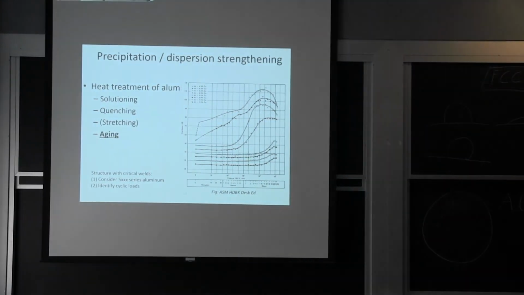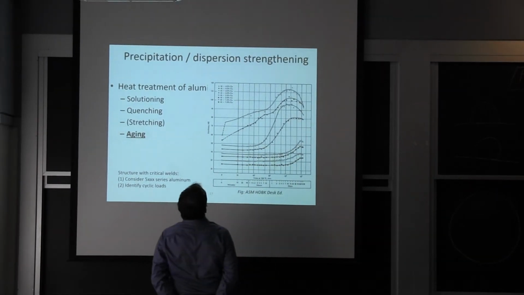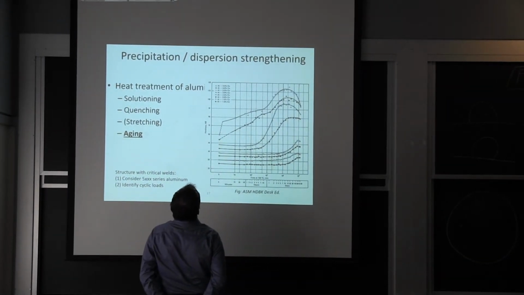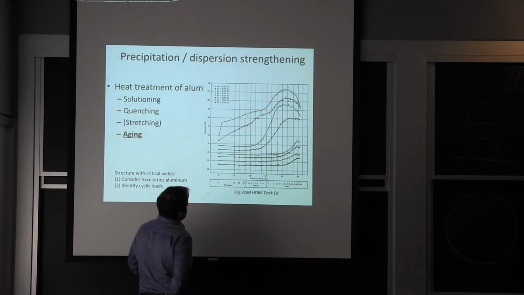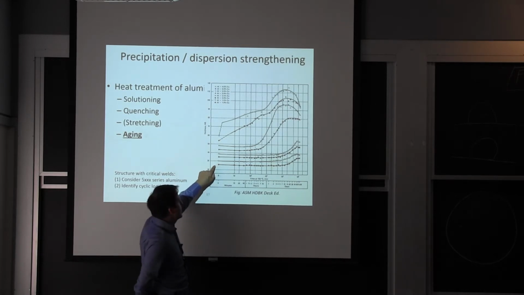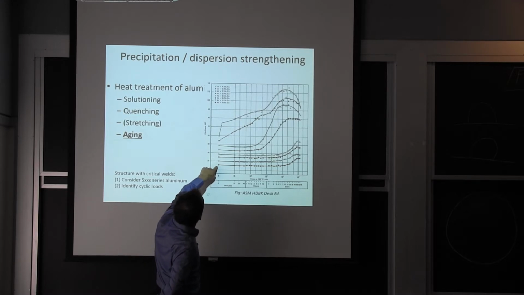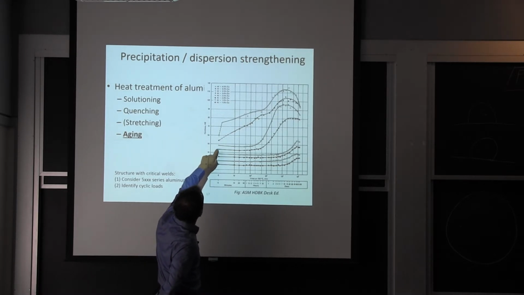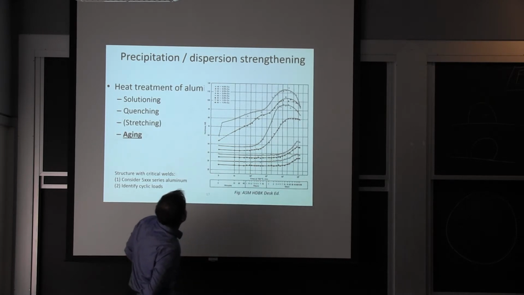And this is for different alloys. So we have different concentrations of copper, from 1%. If that's your budget, you only want to pay for 1% copper, you're not getting a whole lot. But by the time you're reaching the middle range here, 2.5%, 3%, is where you start increasing your hardness.